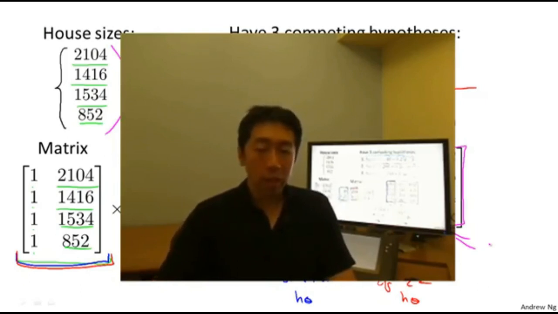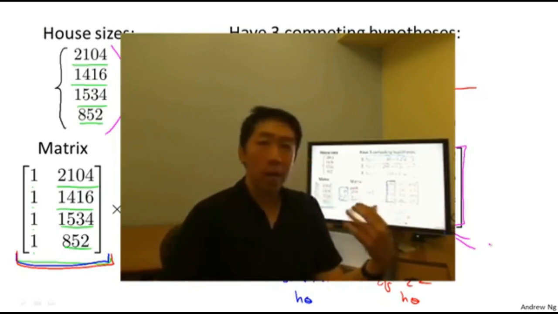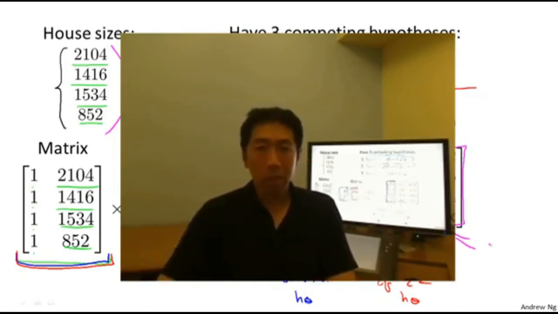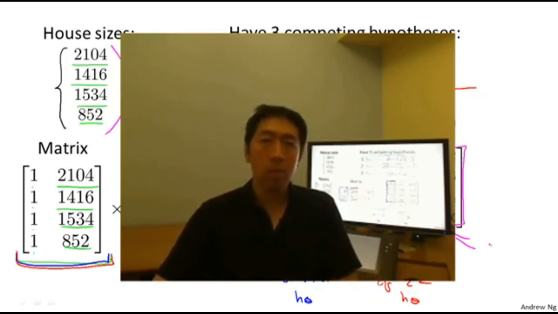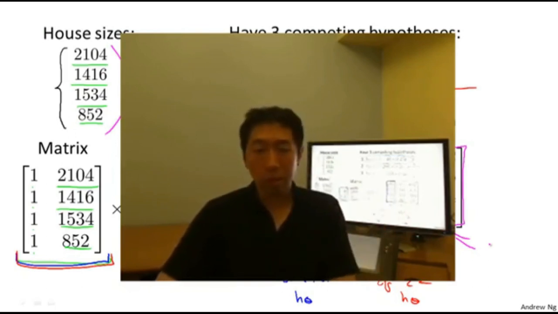And there'll be good linear algebra libraries that are highly optimized in order to do that matrix-matrix multiplication very efficiently, including taking advantage of any sort of parallel computation that your computer may be capable of, whether your computer has multiple cores, multiple processors, or within a processor sometimes there's parallelism as well, called SIMD parallelism, that your computer can take care of. And there are very good free libraries that you can use to do this matrix-matrix multiplication very efficiently, so that you can very efficiently make lots of predictions of lots of hypotheses.